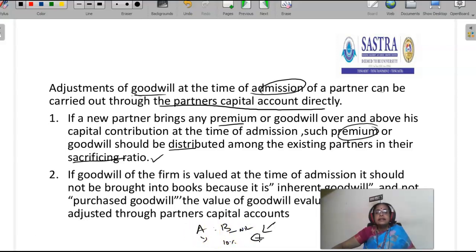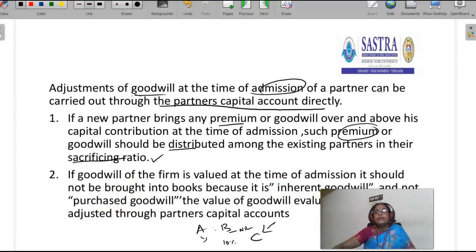In that case, the amount brought by C in the form of premium should be transferred to A only, not B, because B doesn't make any sacrifice. So for the purpose of compensating the old partner's sacrifice, he brings cash for goodwill.